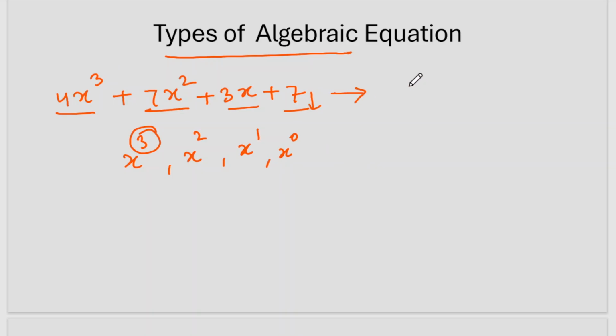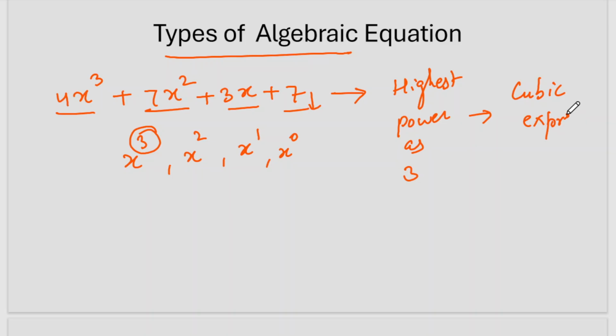So when you have the highest power as 3, we can call it a cubic expression. So a cubic expression has the highest power as 3 on the variable in that given expression.